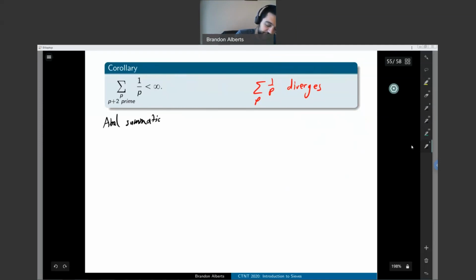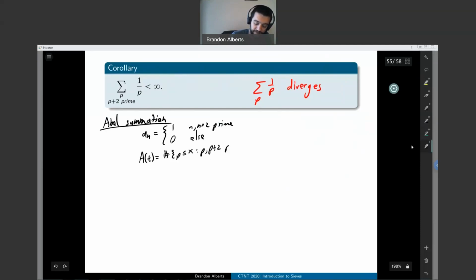So we do Abel summation, where we let a sub n be 1 if n is the lower part of a twin prime pair, 0 else. Capital A of t is the number of twin prime pairs where the lower one p is less than or equal to x.